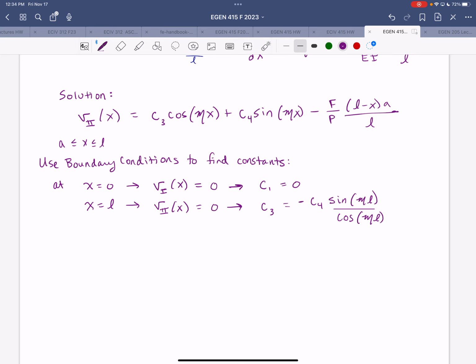What can we use? At x equals a, deflection equals f, or deflection force equals f. You're on the right track. So at x equals a, that is definitely where we want to look.